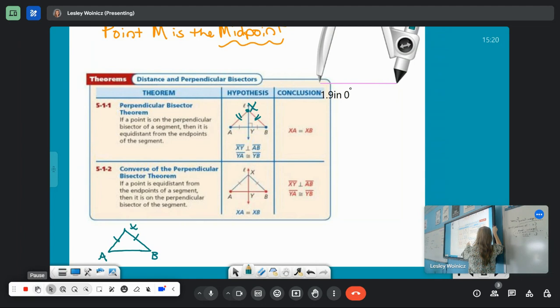It says if a point is equidistant from the endpoints of a segment, then it is on the perpendicular bisector of the segment. So it is on this perpendicular bisector. Okay, however, without knowing that either this is a right angle or these two are congruent, okay, it could also be on here. Do you see what I'm saying? No. Okay, flip.